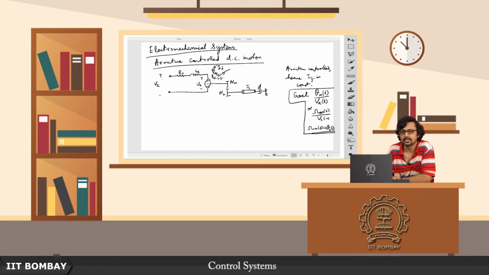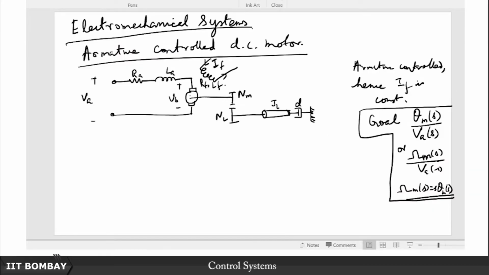So we had discussed briefly how we can capture a schematic of this system here, and the goal was to obtain a transfer function between this theta on the motor side to the armature voltage, which is my input, or the speed of the motor side, which is omega m, it's big omega, to the armature voltage. All right. So let's see how we can go about this.